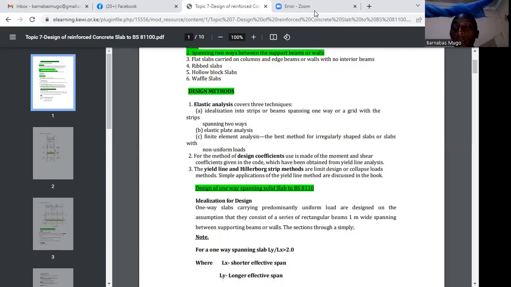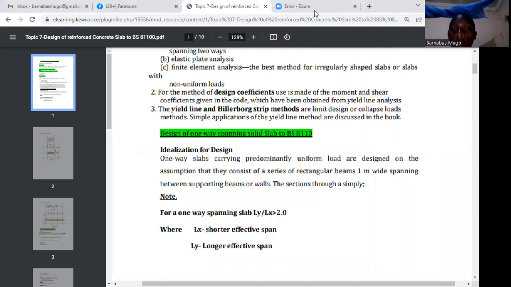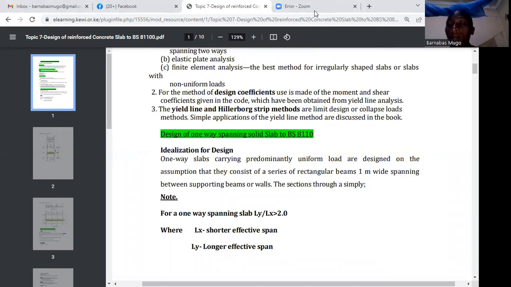So without wasting a lot of time, I would like to look at how you can design a one-way slab. In the design of a one-way slab, we are going to start with the idealization for the design. In this case, we know that a one-way slab is carrying predominantly uniform load and is designed on the assumption that it consists of a series of rectangular beams, each 1 meter wide, spanning between the supporting beams or walls.